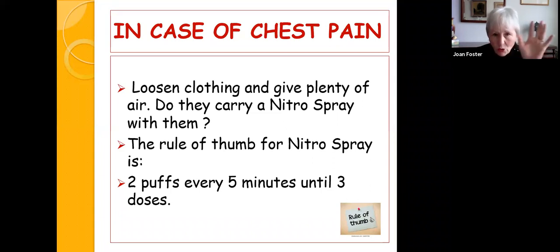We're not diagnosing here. We're just talking about the person who suddenly says, gee, I'm having pain in my chest. Again, we want to facilitate oxygen, so you loosen the clothing and give them plenty of air.